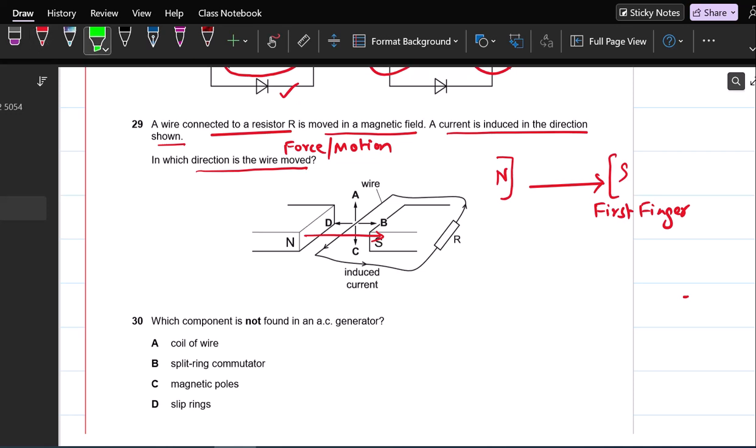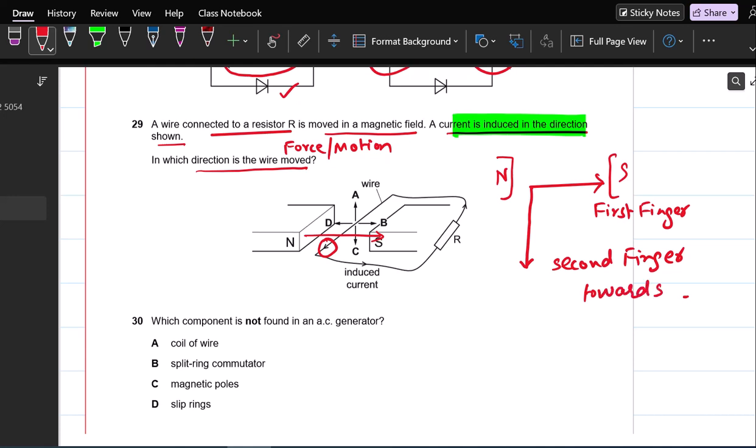Current is induced, meaning you can see current is towards you. So second finger should point towards you, and these both fingers must have 90 degrees between them. And current is induced, so we are going to use Fleming's right hand rule.